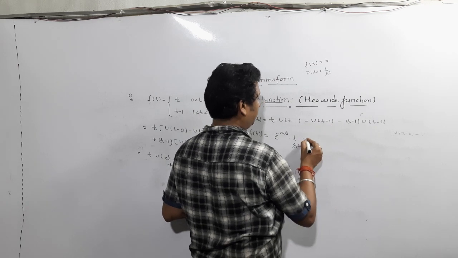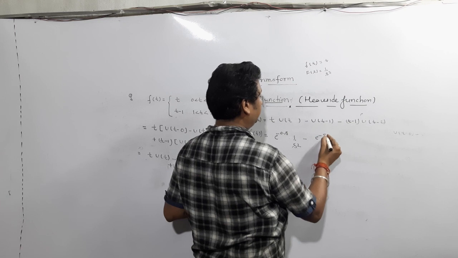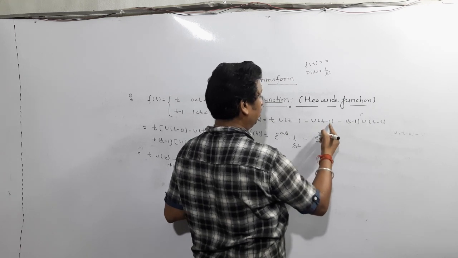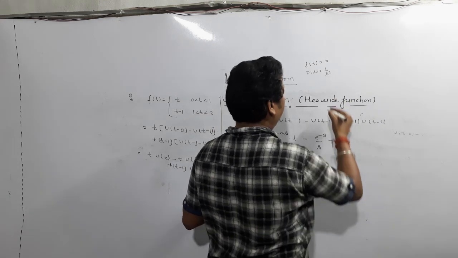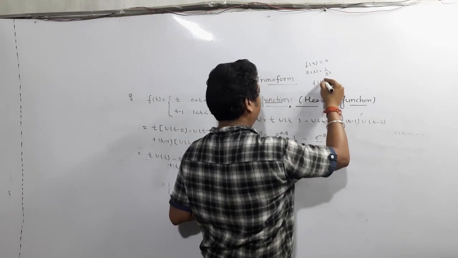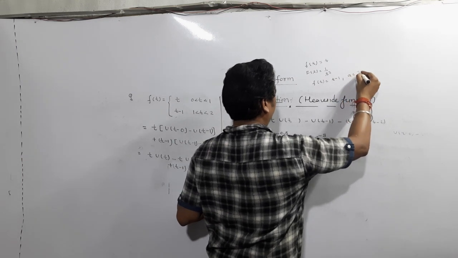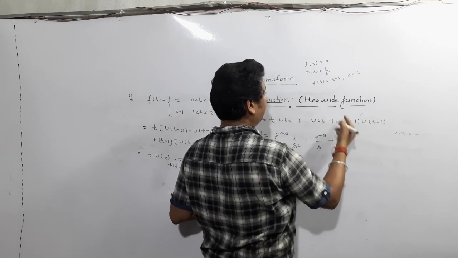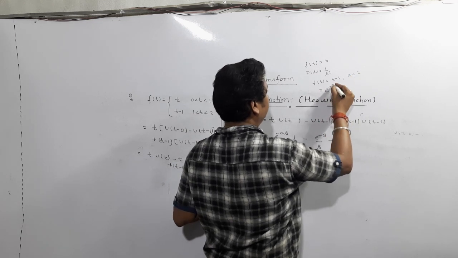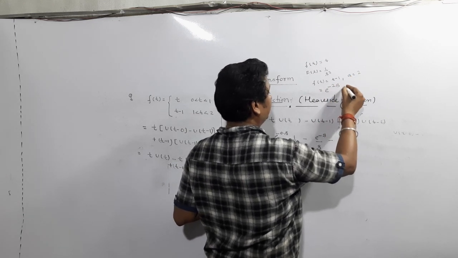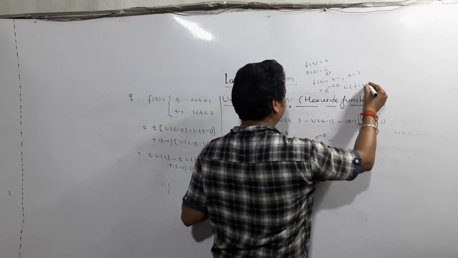So minus the Laplace of u(t − 1) is e to the power minus as, a value 1, upon s. Now for this, what is f(t)? f(t) is t minus 1, and what is a value? 2. So what is its Laplace? e to the power minus as, a means 2s, Laplace of f(t + a).